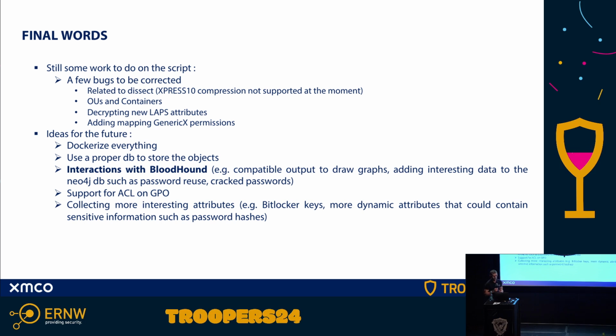We saw, for example, in pentests that some tools had an attribute that is readable by all users and that contains the MD5 of the user's password. So that would be interesting to recover. And if you have suggestions, do not hesitate to open an issue on GitHub. We'll be happy to treat it. And if you have pull requests, they are welcome.